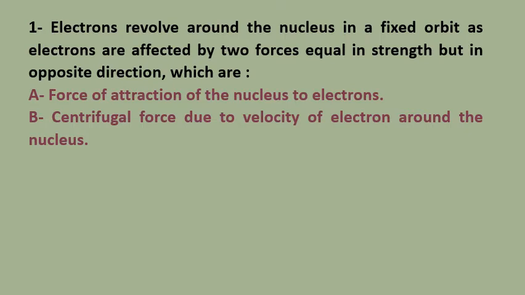Centrifugal force is a force that appears due to the velocity of electrons around the nucleus. So the electrons are affected by two forces. They are equal in strength but in opposite directions, to prevent electrons from falling into the nucleus. Okay.